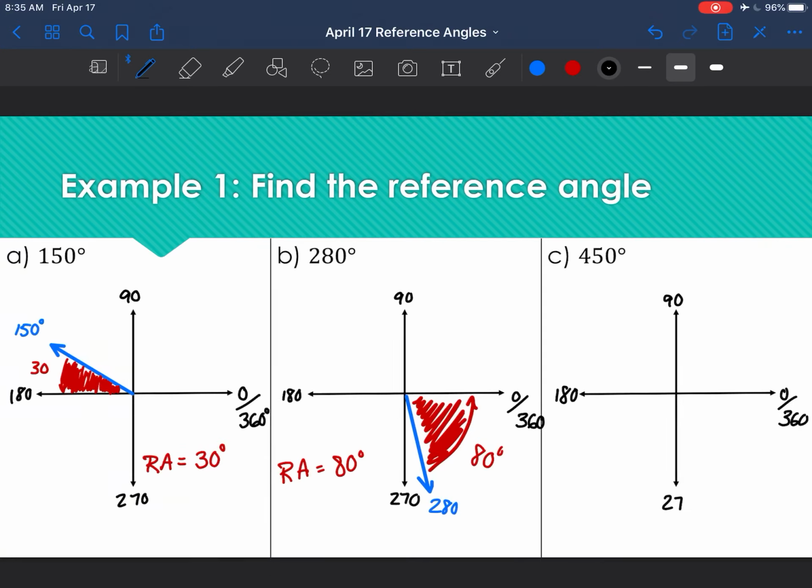So we know it's going to be more than one full rotation. So you're going to go all the way around at least once. And then how many more degrees do you have to go past 360 to get to 450? Well, you got to go 90 more degrees. So then this is where the angle is going to be drawn. And it looks like this angle is just going to go straight up.